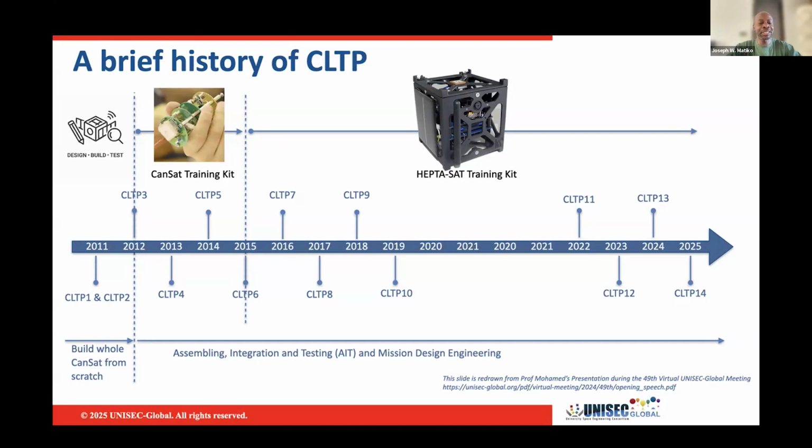And then from the CLTP 3 to around the CLTP 6, they were using the CANSAT training kit, as you can see on the photo. And after that, from CLTP 7 up to now, which is the last one, which was held recently, which is CLTP 14, the HeptaSat training kit has been used.